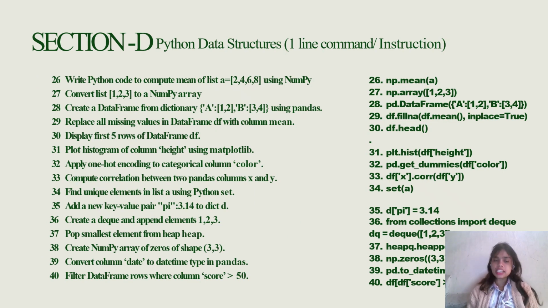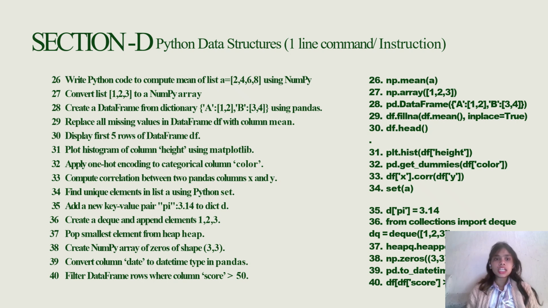Section D, Python data structures. Write Python code to compute mean of list A, 2, 4, 6 using NumPy: np.mean(A). Convert list 1, 2, 3 to a NumPy array: np.array([1, 2, 3]).